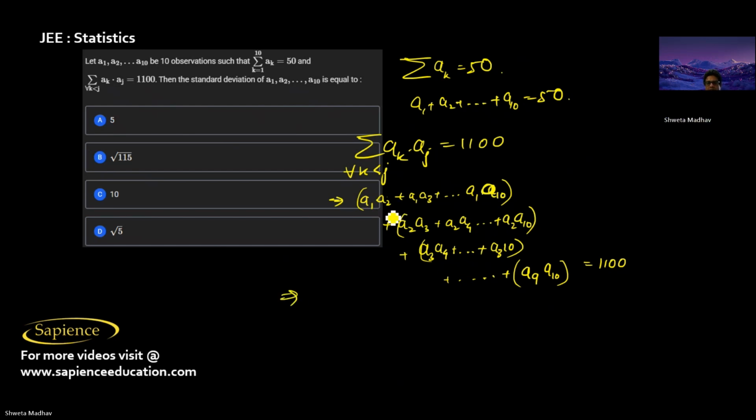Therefore, this should actually be the sum of the products of any two observations taken in pairs.